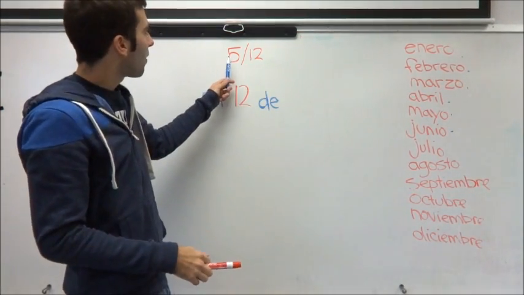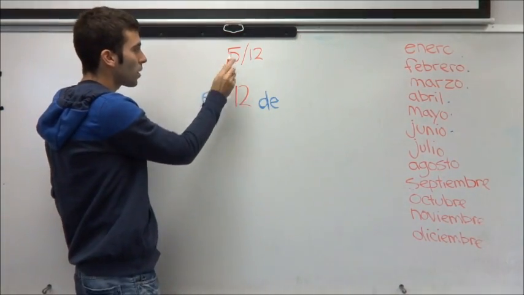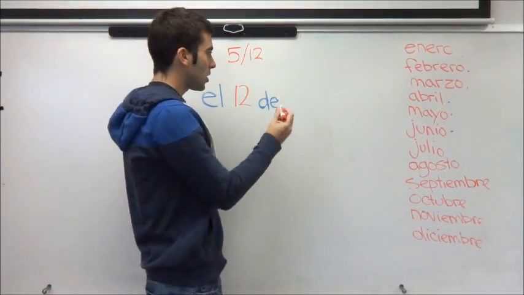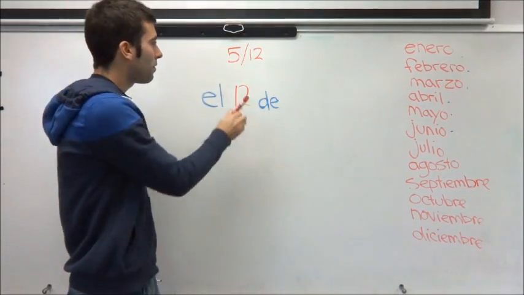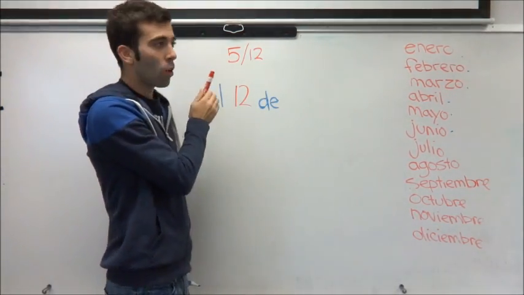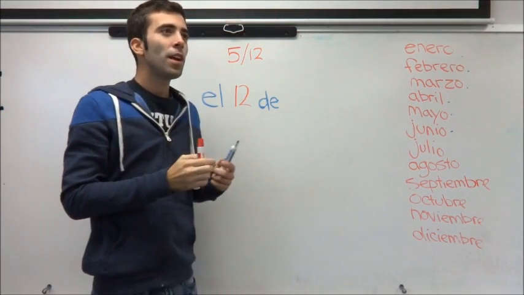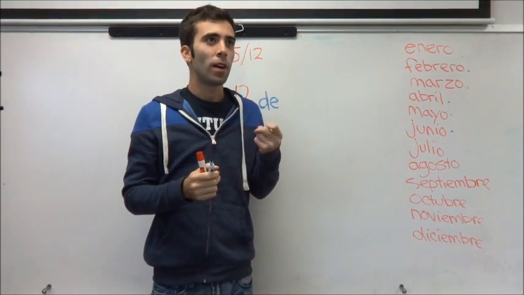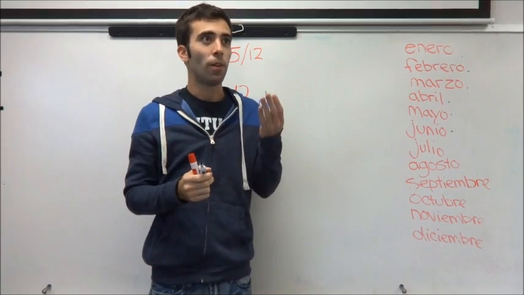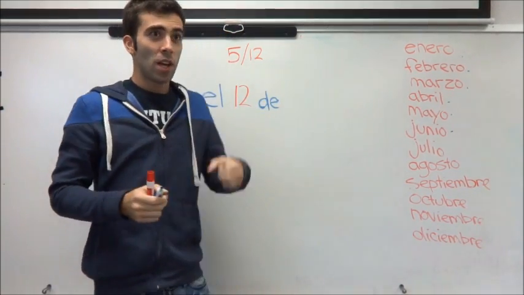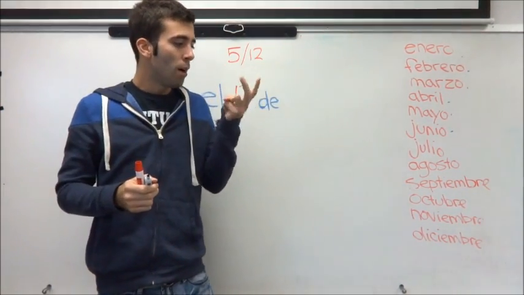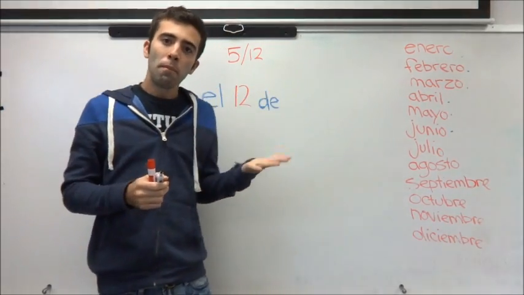In this date up here, I have 5. 5 refers to our month, but unfortunately we can't just write that 5 here. We gotta figure out what does this cinco mean. So if you're not sure, think about your months in English: January, February, March, April, May, or in Spanish: enero, febrero, marzo, abril, mayo.